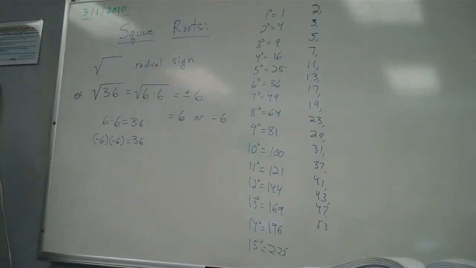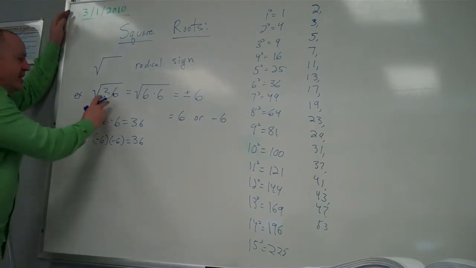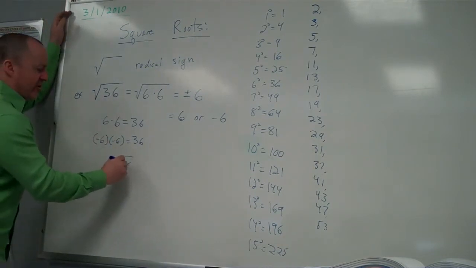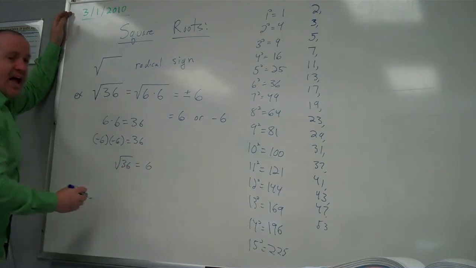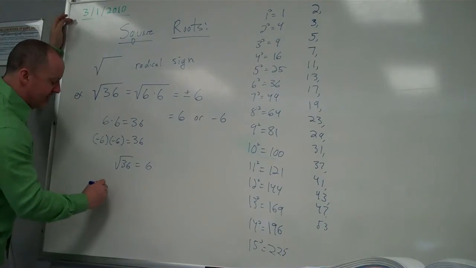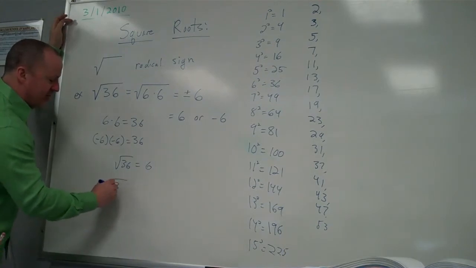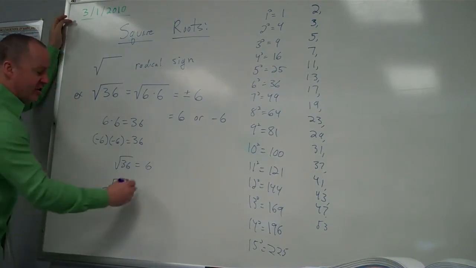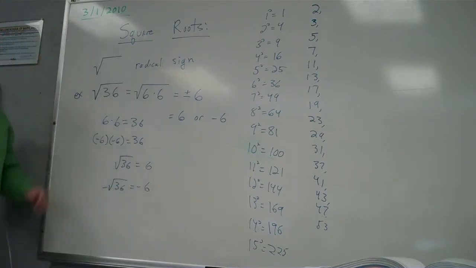Your book right now is not doing that for this chapter. Your book says the square root of 36 is positive 6. And if they want you to think about the negative, watch this closely. They'll put a negative sign in front of the radical, and then you'll know that you're looking for negative 6. Does this make sense? Yes.